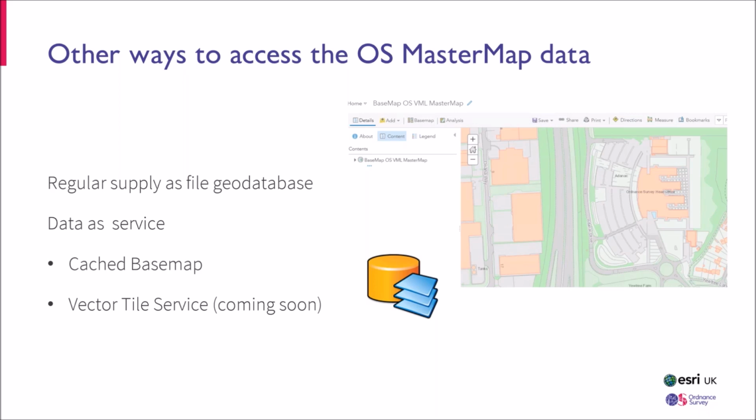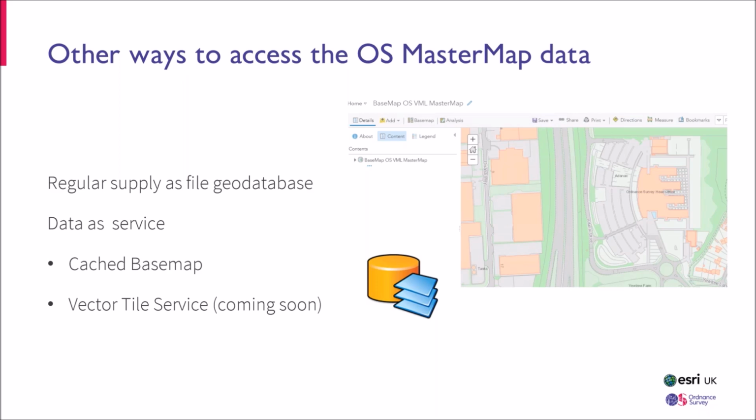We have some of our customers looking at it at the moment. If you currently have access to our cached base map services through ArcGIS Online, you can get access to that if you just contact us through your customer success manager, and we can give you access to that so you can try it out and see what you feel. We'll be adding other data sets into that vector tile service over the next few weeks.